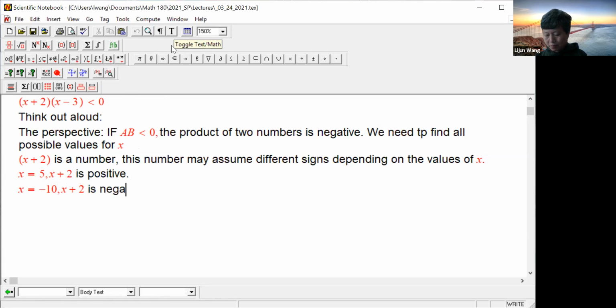It's negative, right? If x equals -2, what happens? x plus 2 is 0. So you keep trying different numbers to plug in for x plus 2. Do you find a pattern as to when it is positive and when it is negative?